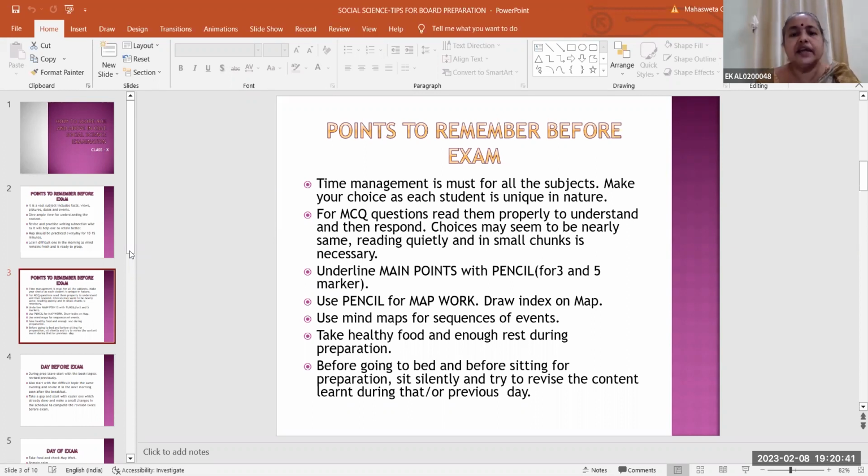These two slides are for you to understand before the exam. Before the exam, you have to work a lot in order to score well. 3 marker, 5 marker, 4 marker, and 2 marker: I have given you guidance on how to write and how to underline those points to highlight them.